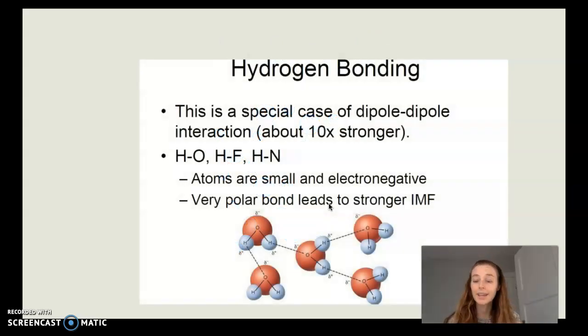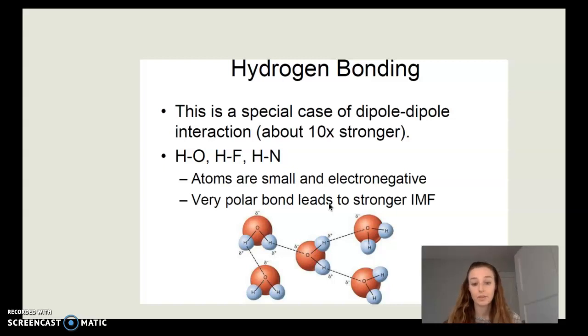Then hydrogen bonding is what we'll talk about the most, and you'll actually talk about this a lot in biology next year, which is why we're going to focus on that this year as well. So hydrogen bonding is a type of dipole intermolecular force, and it is special because it is about 10 times stronger than a normal dipole-dipole interaction.